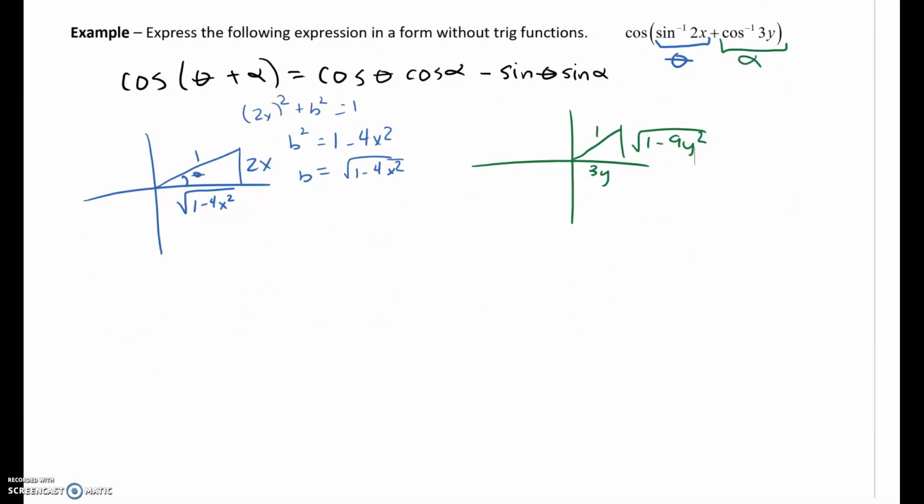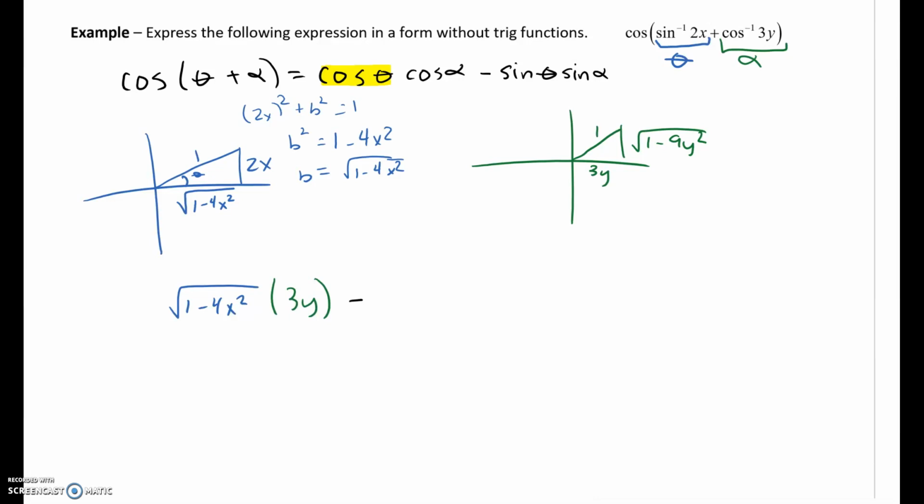So now, cosine of theta, so we're going to do the blue first, right? Cosine of theta is adjacent over hypotenuse. So that's the square root of 1 minus 4x squared times the cosine of alpha, which is 3y over 1, minus the sine of theta.